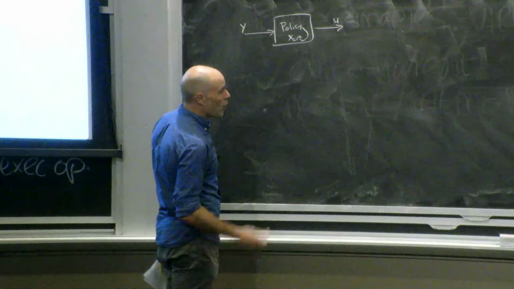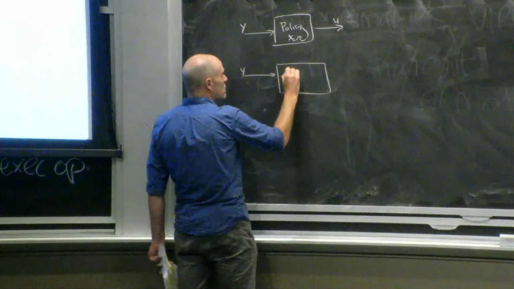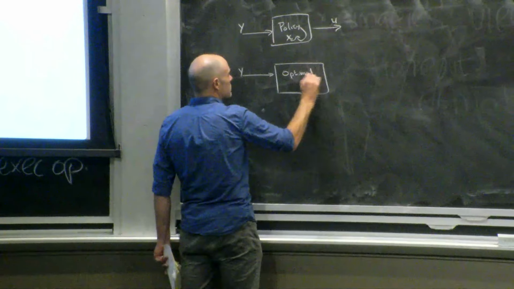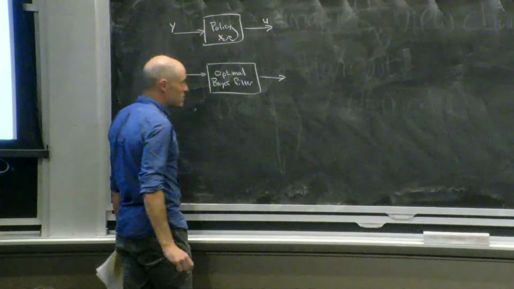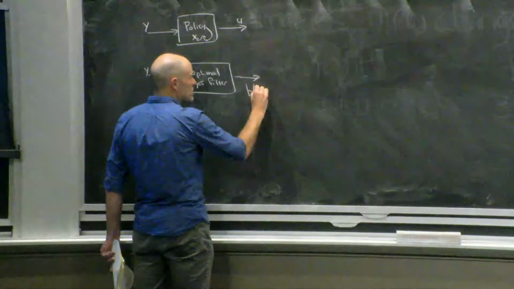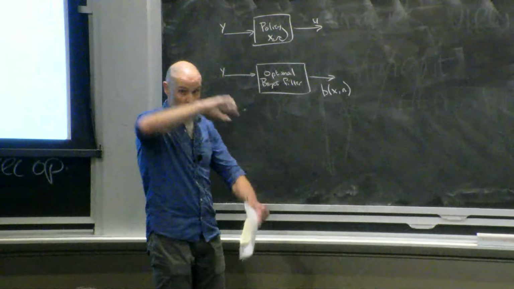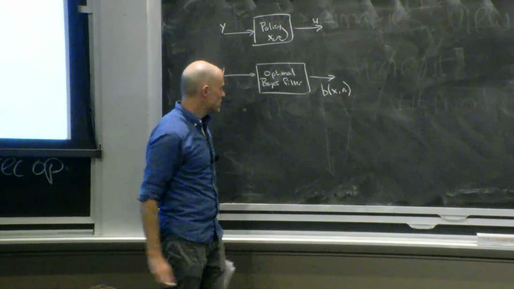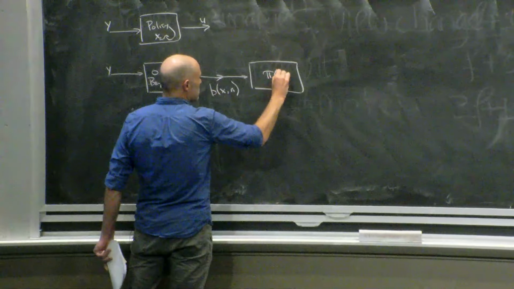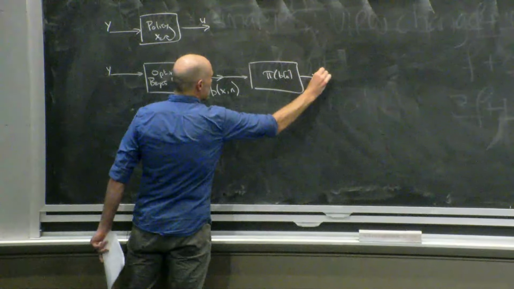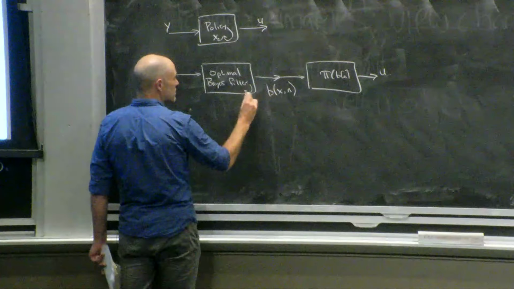One way to do this that we know is going to be sufficient would be to have an optimal Bayes filter. It has to put out an entire belief distribution, which in the continuous time case is a function over x, probability, like the probabilities that we were moving around the van der Pol oscillator and the like. Then I can take this into a static feedback to get u. This optimal Bayes filter is going to have state.